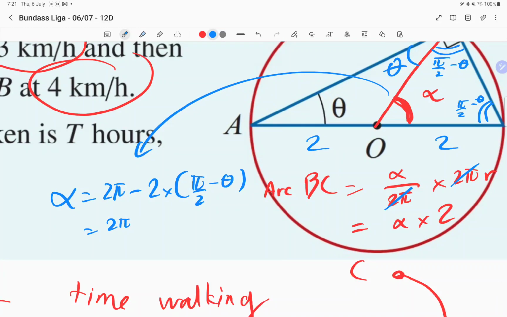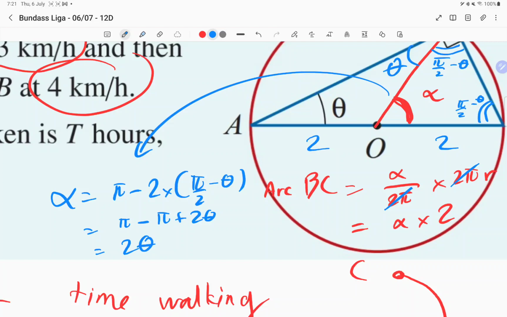So expand the bracket. Minus 2 times it would be pi and then minus 2 theta. 2 pi minus pi is pi. Oh, sorry, 180 would be 1 pi, my bad. So pi minus pi is 0, and minus 2 times that is plus 2 theta. So it'll be 2 theta. Emily, a bit confused?